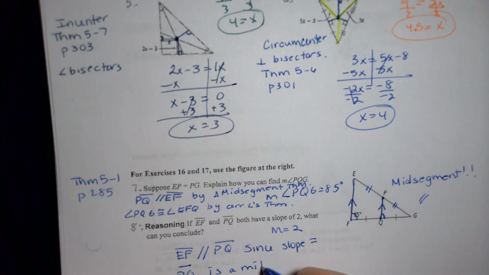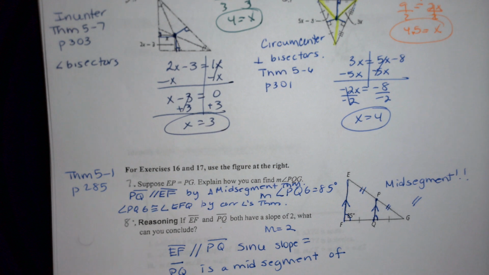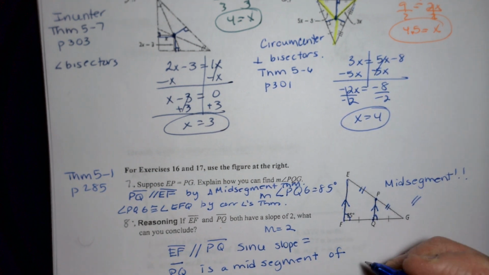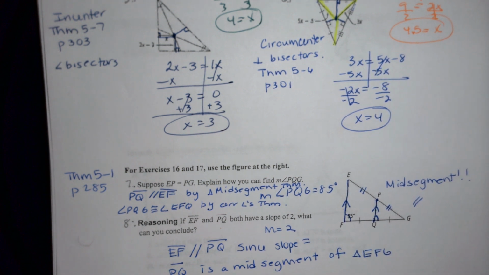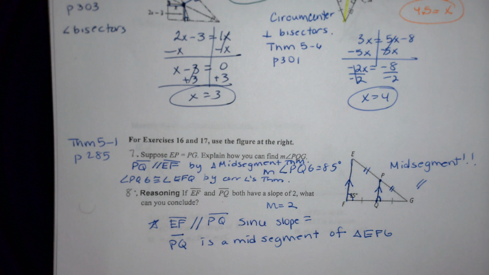So you can kind of work backwards. Although, oh yeah, you would know that because you have these two sides that are equal. So honestly, I'm looking for that part of it more than anything. Recognizing that two lines that have the same slope are parallel.